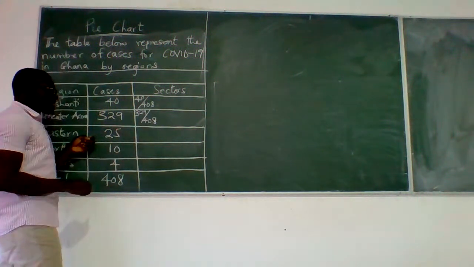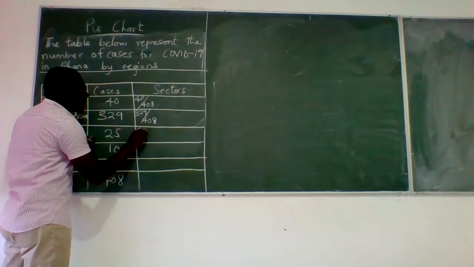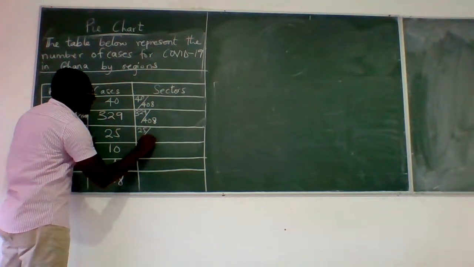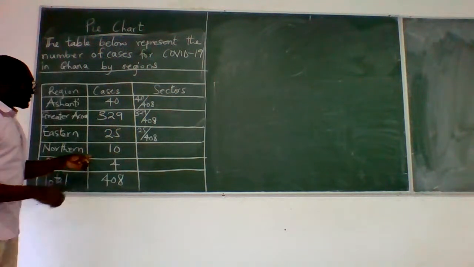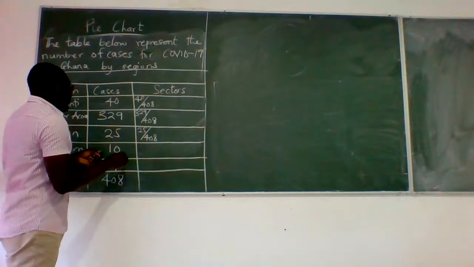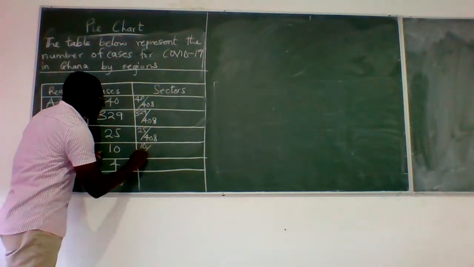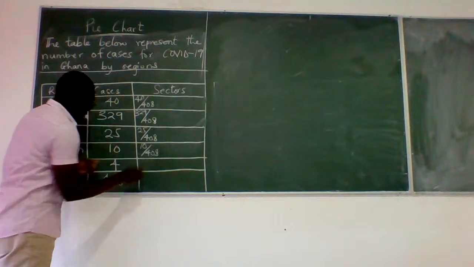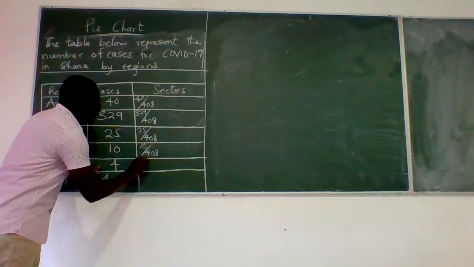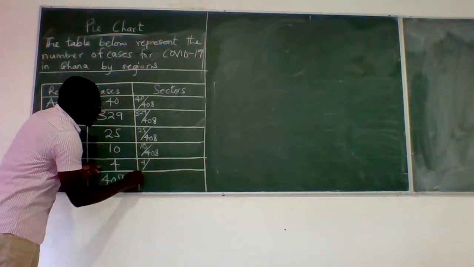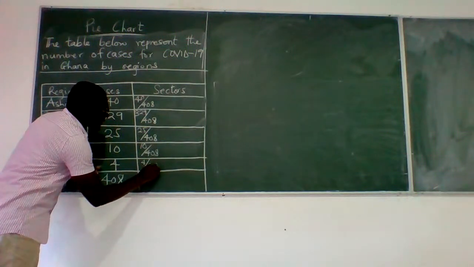When we take Eastern region, that should give us 25 over 408. And if you take 10, Northern region, that should give us 10 out of 408. And then all the other regions should also give us 4 out of 408.